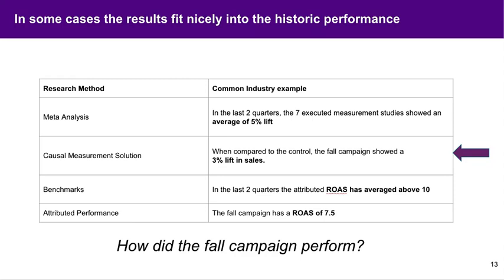Compared to the meta-analysis, it feels average-ish, a touch low perhaps, but nothing we'd be nervous about. Maybe even look at that recent dip in the ROAS versus the benchmark, 7.5 on the fall campaign versus the ROAS of 10 in the last 2 quarters. Folks are buying less overall. Maybe it's seasonality. We can start to draw things like that.